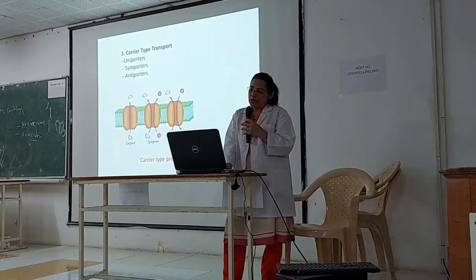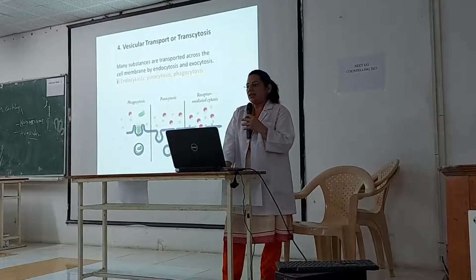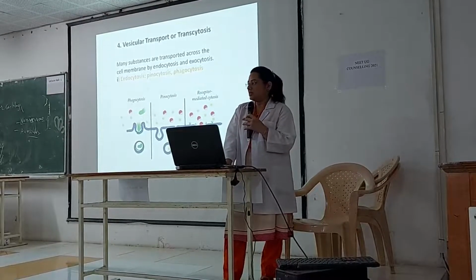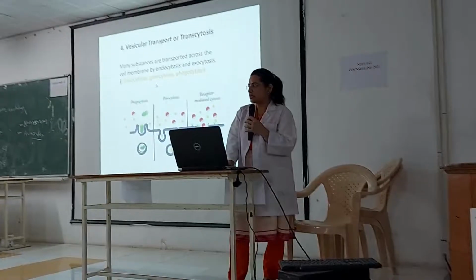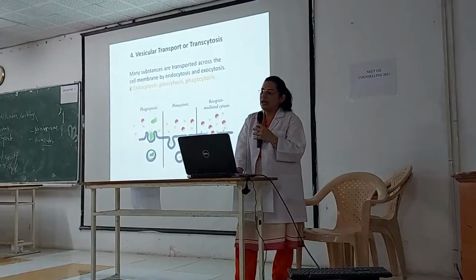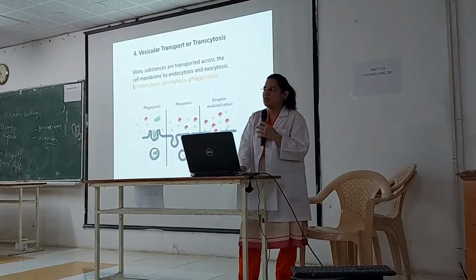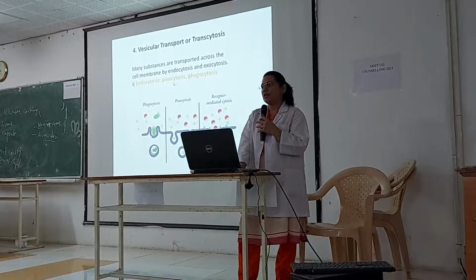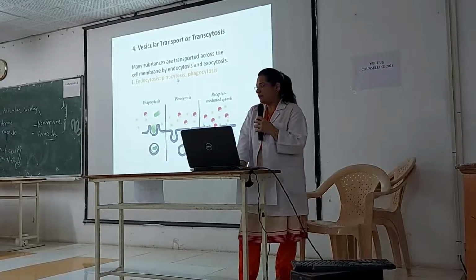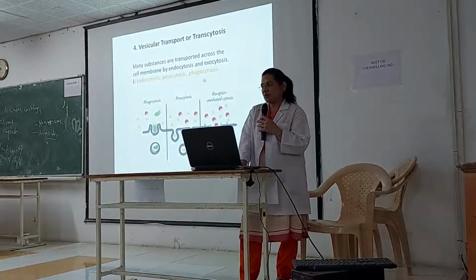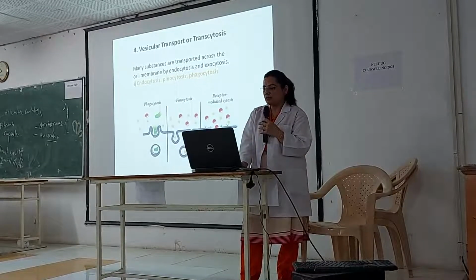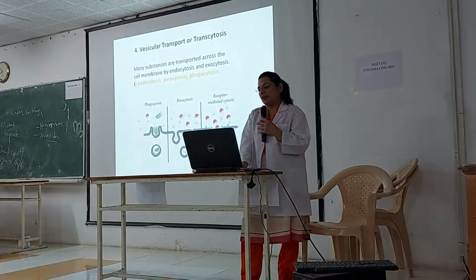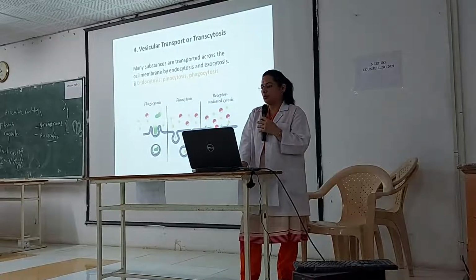Then vesicular transport, the process which the cell undergoes: endocytosis and exocytosis. Endocytosis includes pinocytosis and phagocytosis. What do we mean by pinocytosis? Cell drinking, and phagocytosis is cell eating. In phagocytosis, some solid substance is taken in, and in pinocytosis, mostly the liquid portion.